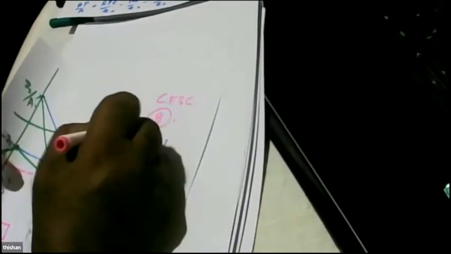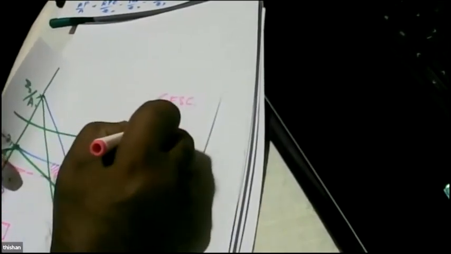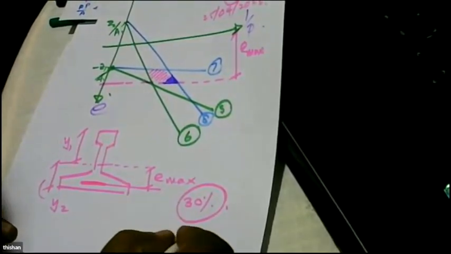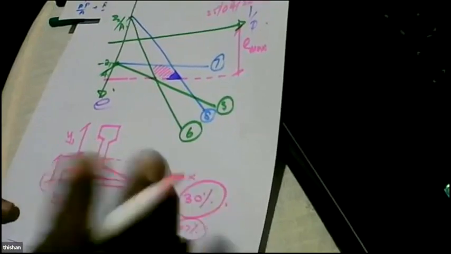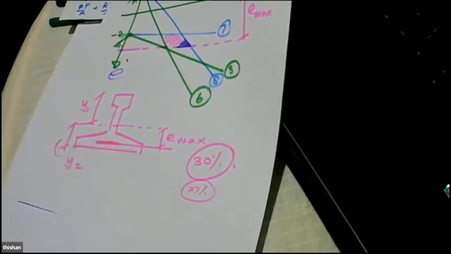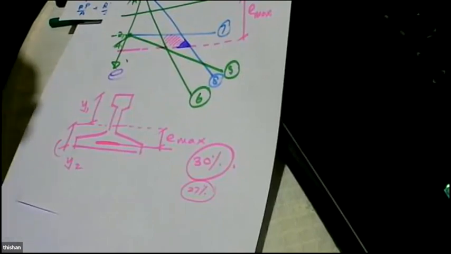And if you are not very keen on optimizing to the limit, then if you assume a 25% loss ratio and check the stresses, you will find it's all okay. Because if you get an actual loss ratio of 27%, and you are going to allow this extra 3%, then you don't have to recalculate. You have assumed 30%, and actually it is 27%. Let it be. You don't have to recalculate.